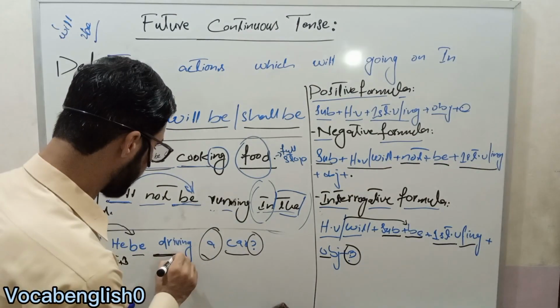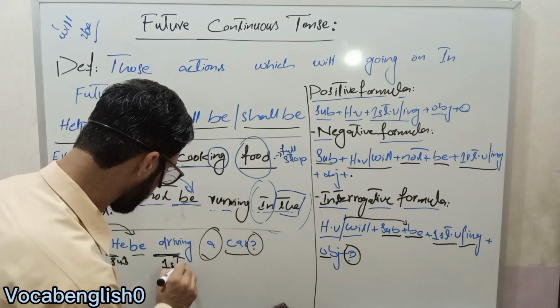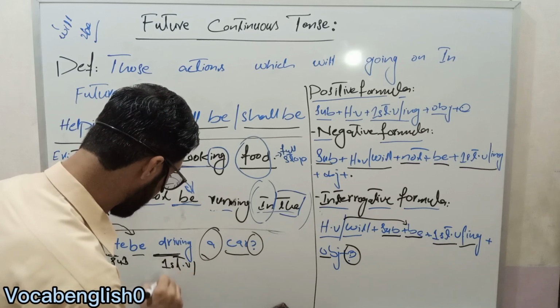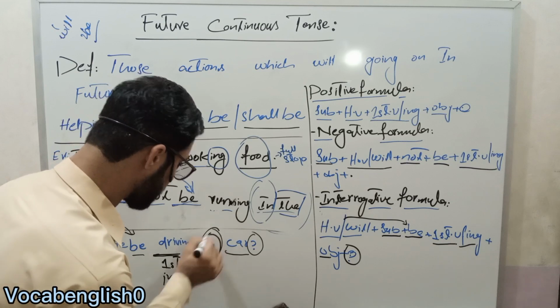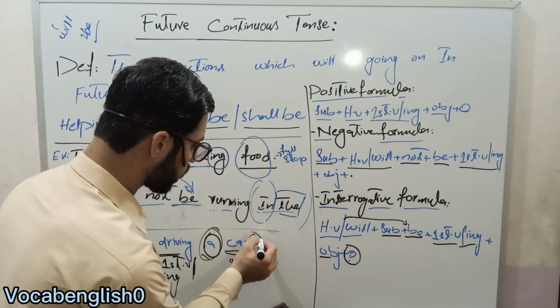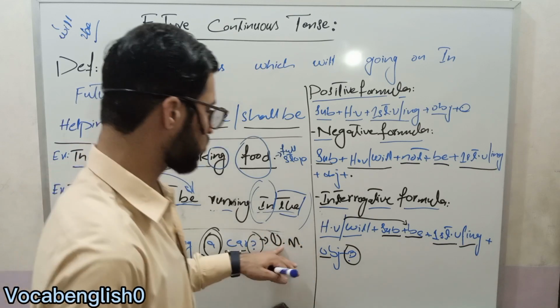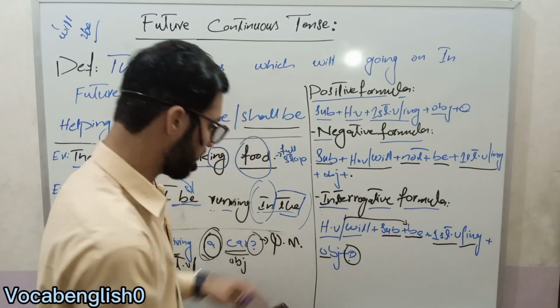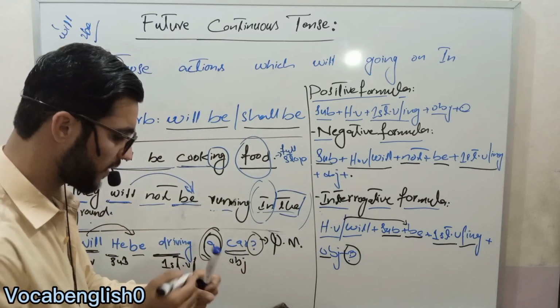Then driving is our first form of verb with ing, then article is present, then object is present, then question mark. So this is our interrogative formula and our interrogative example.